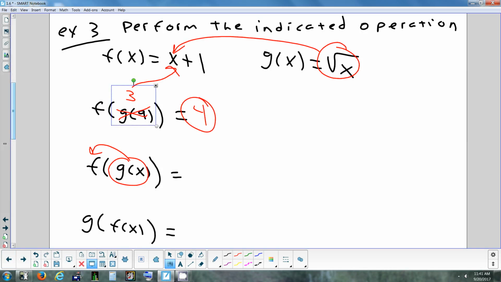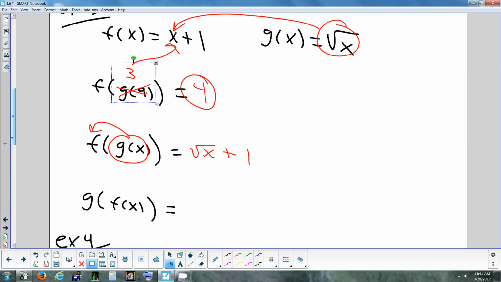So it'll be the square root of x plus 1. Yep, square root of x plus 1. How about g of f of x? Square root of x plus 1. Can you tell me how to write it though? Because it sounds like the same thing we just wrote, but it's not.